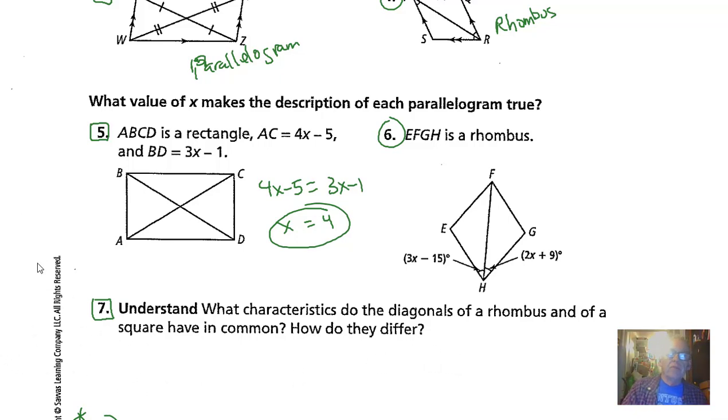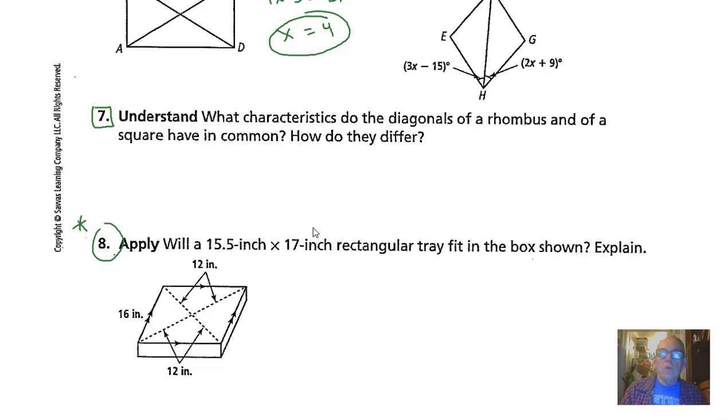Let's talk about number 7. What characteristics do the diagonals of a rhombus and of a square have in common? How do they differ? Let's sketch a rhombus, and let's sketch a square and look at their diagonals. Remember, a square actually is a rhombus, just with right angles. So what do they have in common?